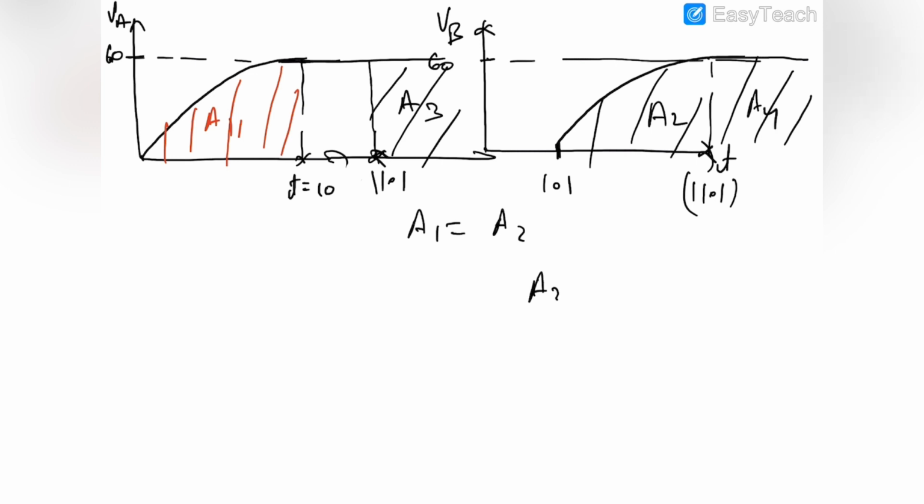So A3 would be equal to A4. Therefore the difference of the displacements of A and B would be this area only. So this area would be the difference of displacement. So x relative would be this area A5, and A5 would be equal to 1.1 into 60.